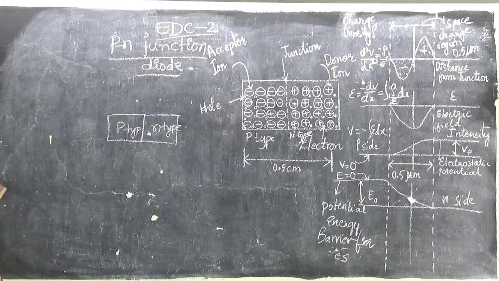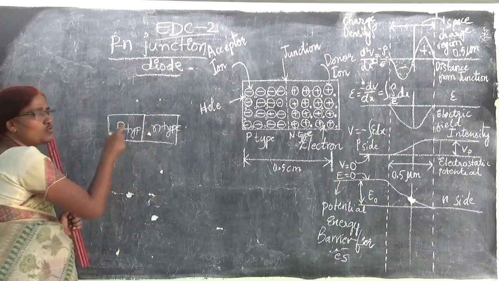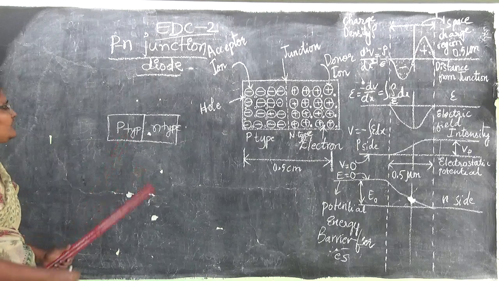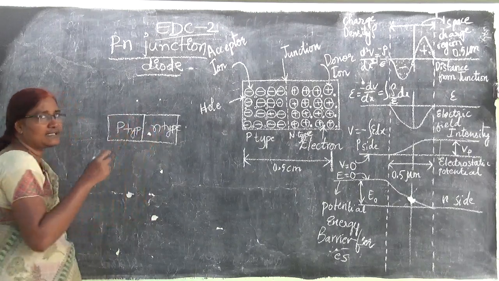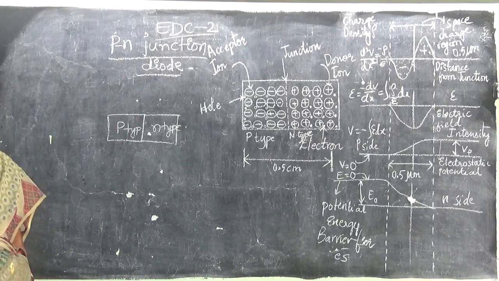That we are going to see. To match these two, we have different methods that you will learn in your MTech in VLSI and embedded systems, where fabrication will be there. So if you place p-type and n-type semiconducting material side by side, what happens? That we are going to learn now.